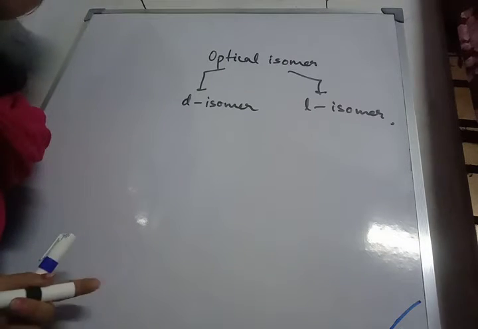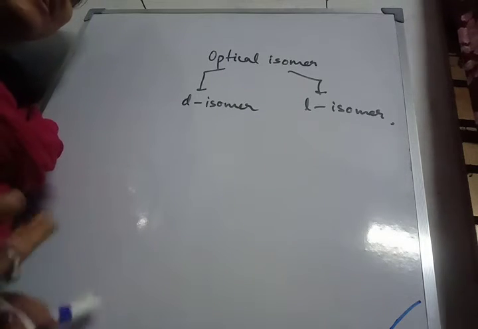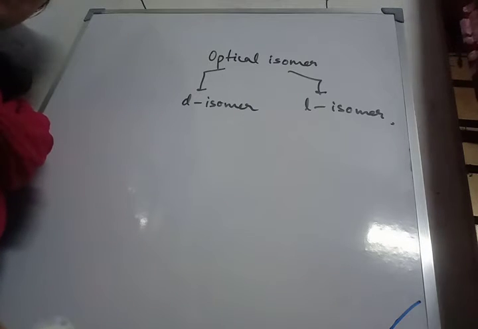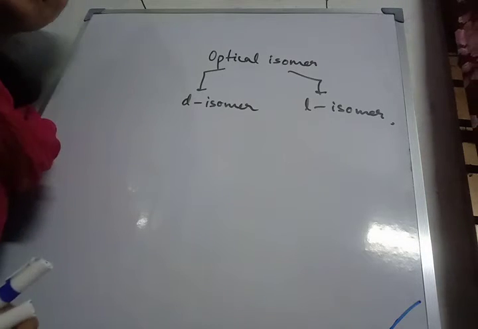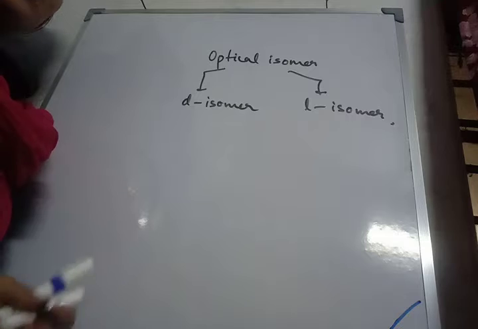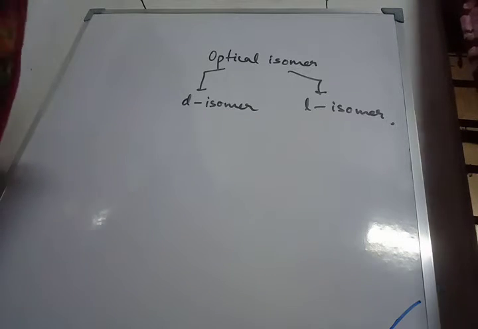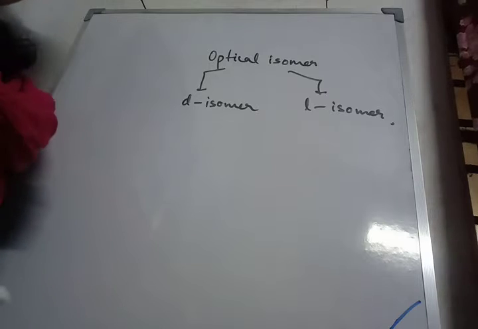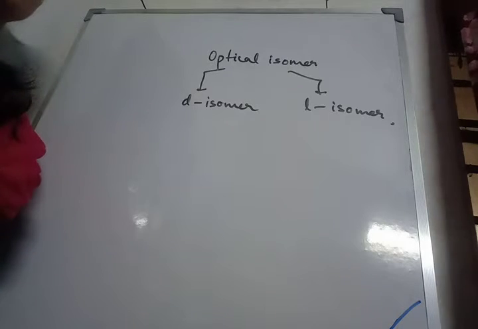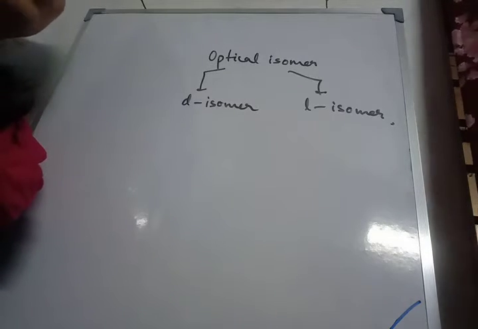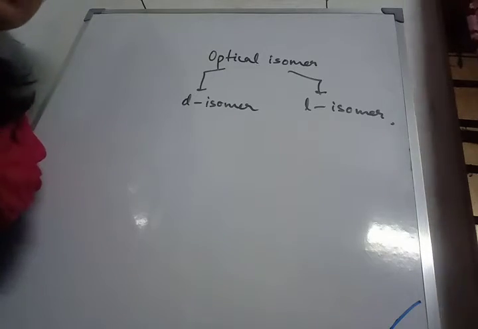Now we need to remember one thing: when an equimolar mixture of D and L forms is taken, the resultant is a racemic mixture, okay, with a net rotation equal to 0. For a compound to be optically active, its mirror image has to be non-superimposable and it should not contain a plane of symmetry.